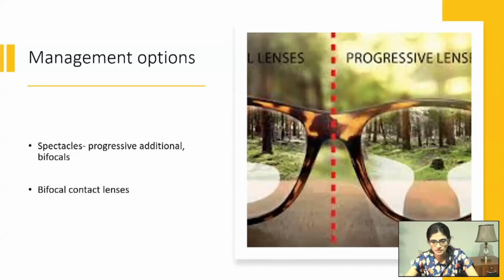There is a graded power in the lens. So for the top part you have distance vision correction, the bottommost part is for reading, and then intermediate vision you can get from here. So from infinity to the near object, the objects in between you can see from this middle part. So these are the two types generally that we see.